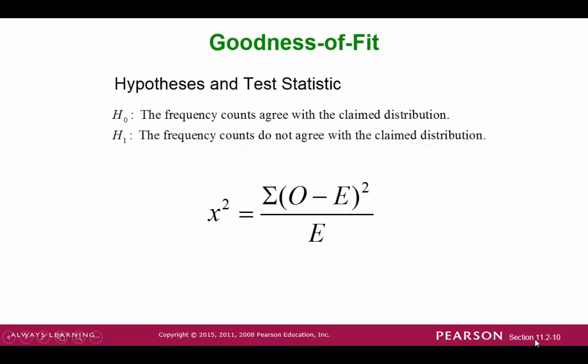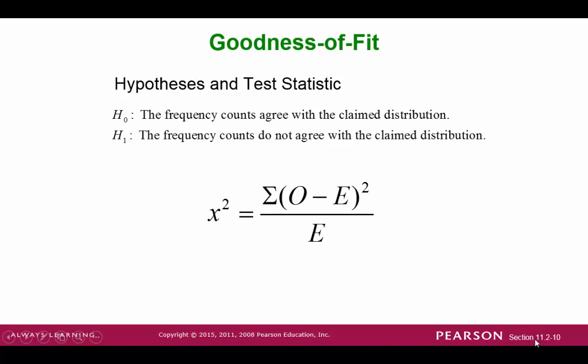The goodness of fit test has a basic set of hypotheses. The null hypothesis would be that the frequency counts agree with some claimed distribution, whether that claimed distribution says that everything is equally likely in the category, or each category has its own percentage or proportion or probability that is mentioned in the claim.